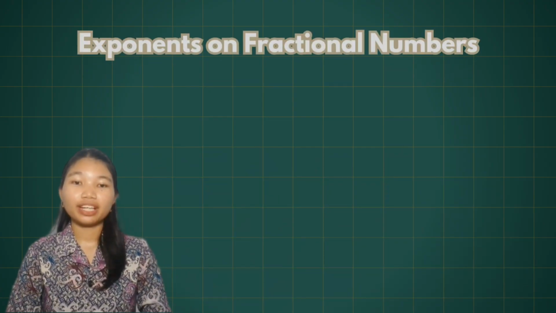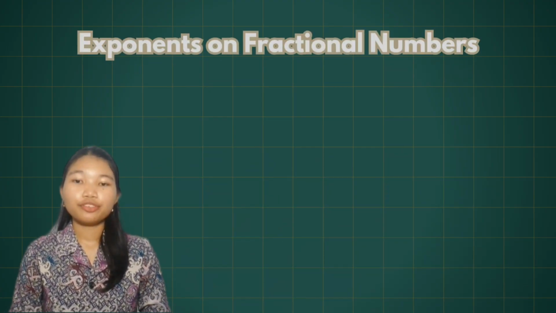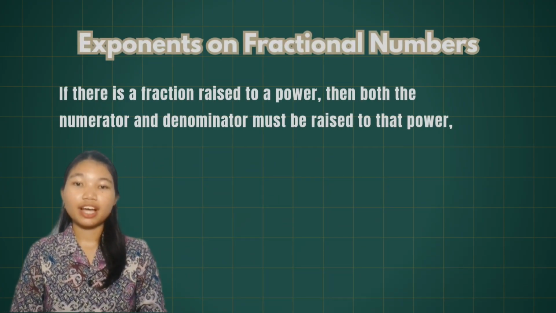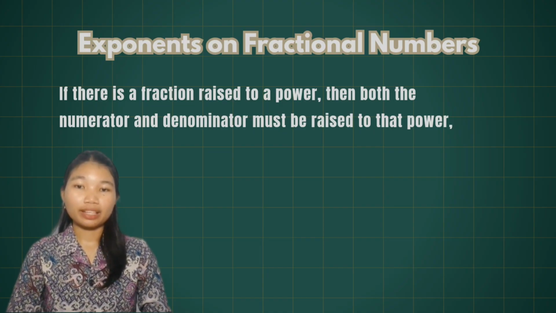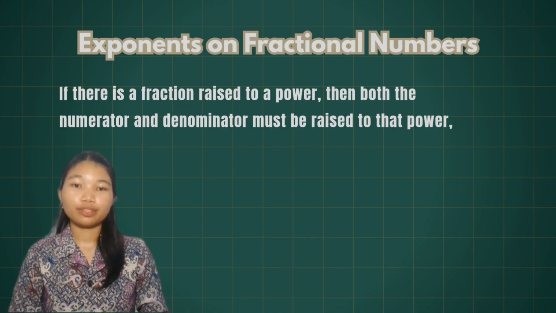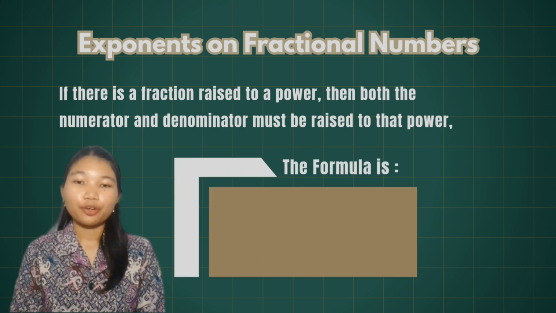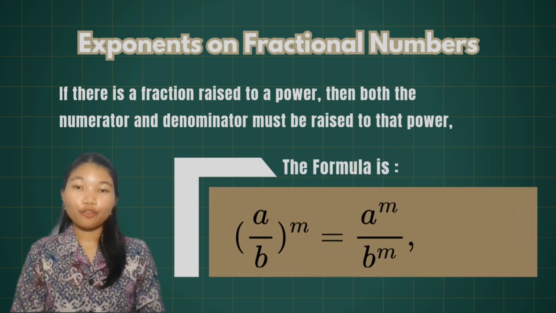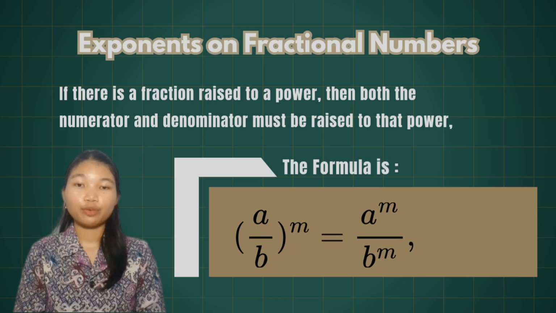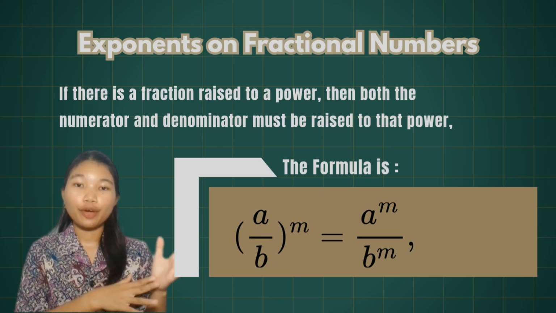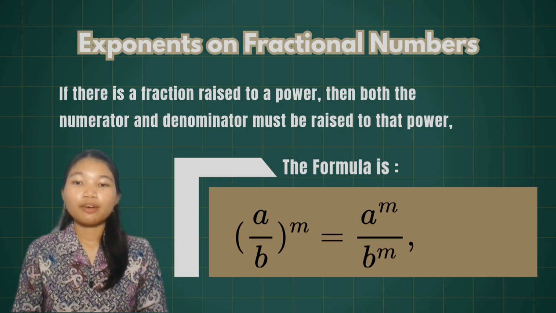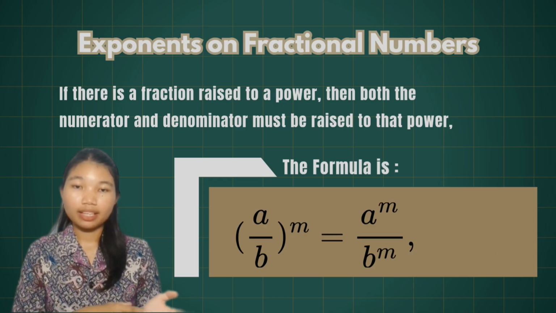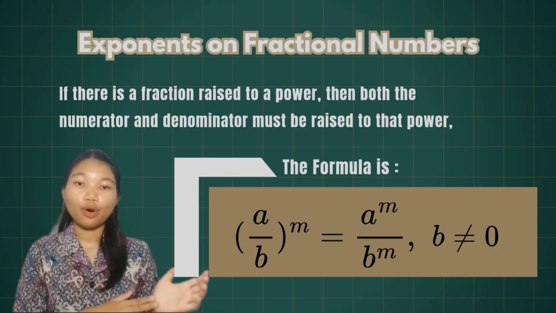Exponent on a fractional number. If there is a fraction raised to a power, then both the numerator and denominator must be raised to that power. Formula: a over b, to the power of n, equals a to the power of n over b to the power of n, provided that b is not equal to 0.